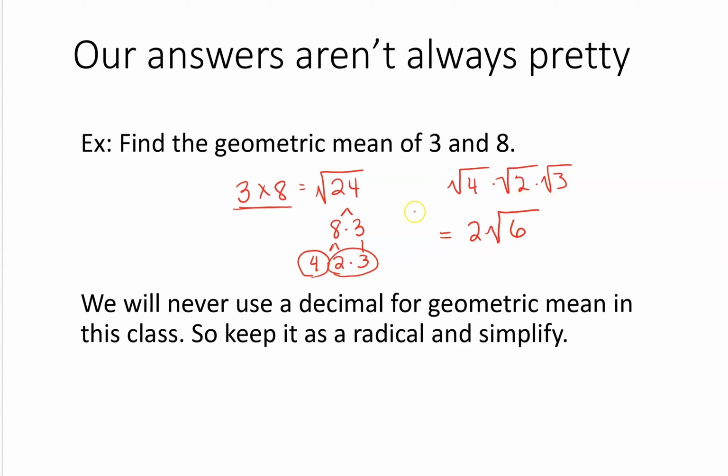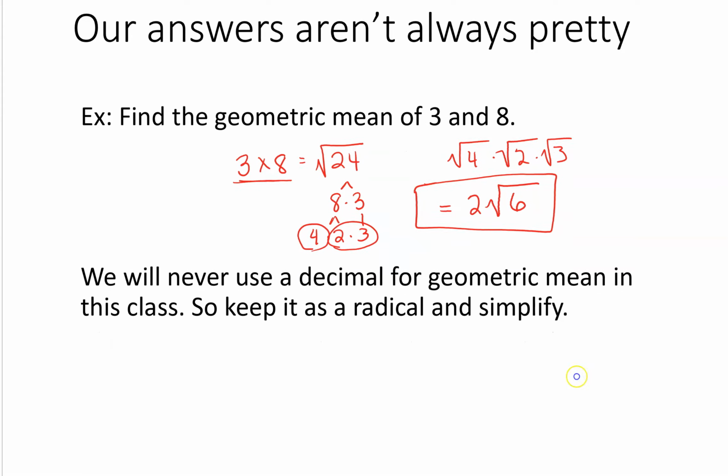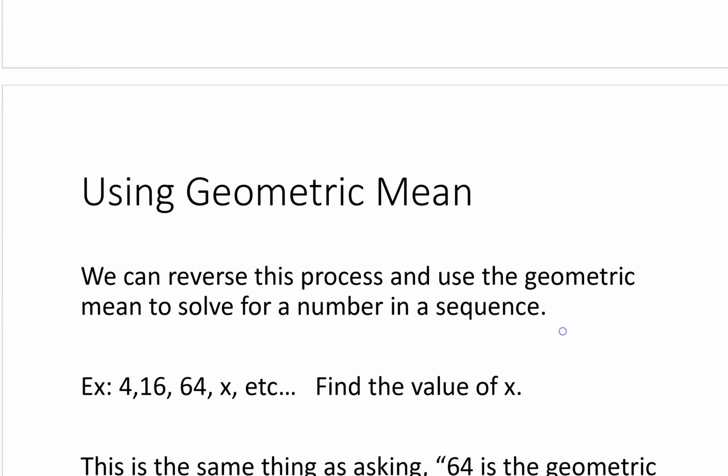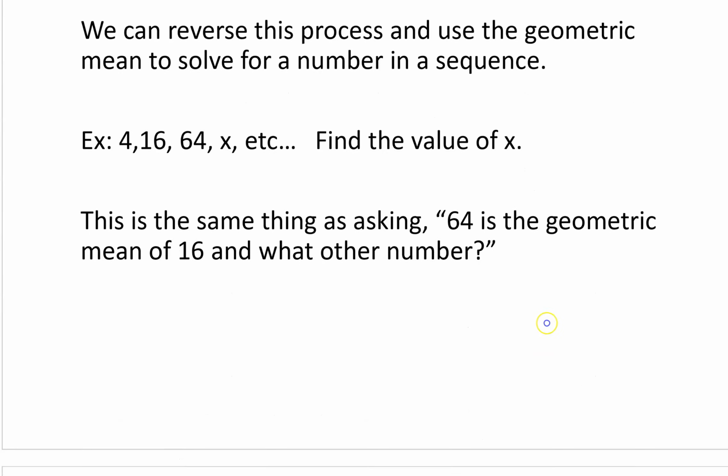So the simplified version of square root of 24 would be 2 square root of 6. Okay? So it just depends on the directions that you're given as to whether you leave it as a simplified radical or if you can use a decimal. Okay, those were some examples we did in class.